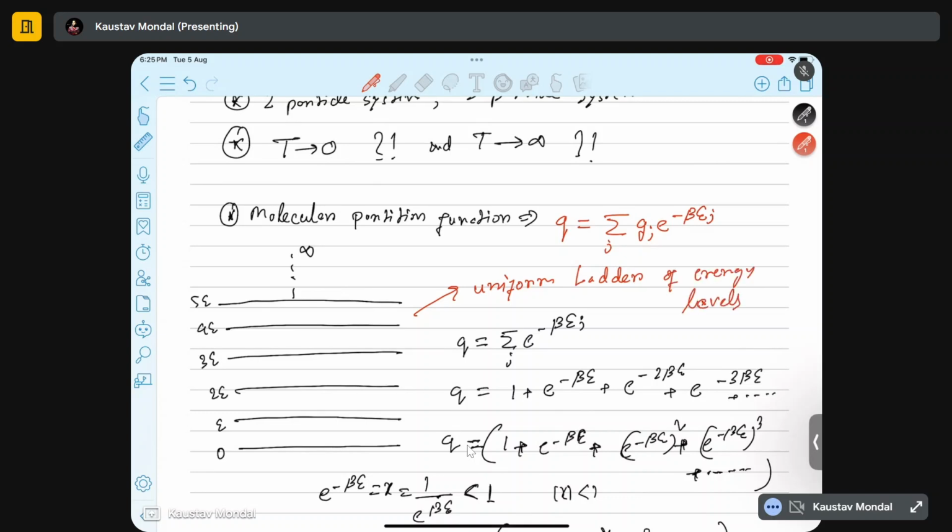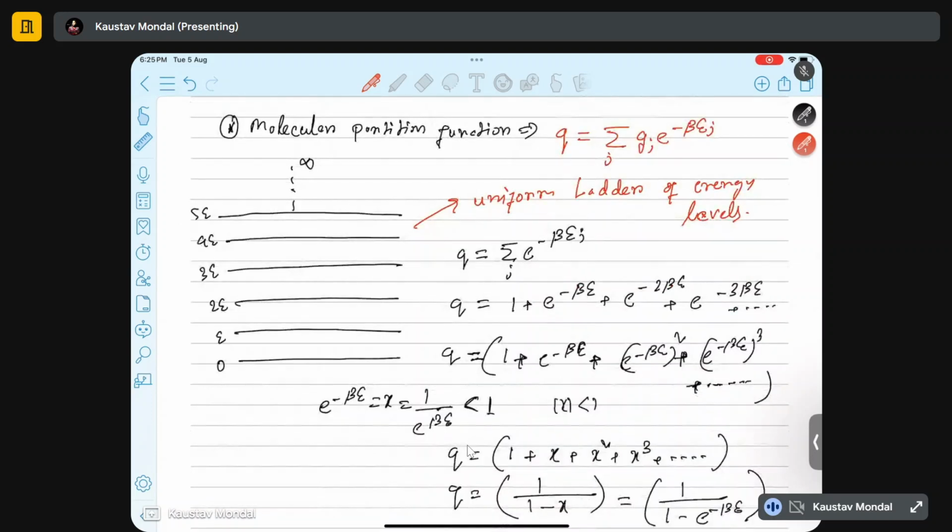Here each energy level is uniformly separated from each other. Each energy state 0 and 1 is separated by E. So each energy state has energy 0, E, 2E, 3E, 4E, like this.